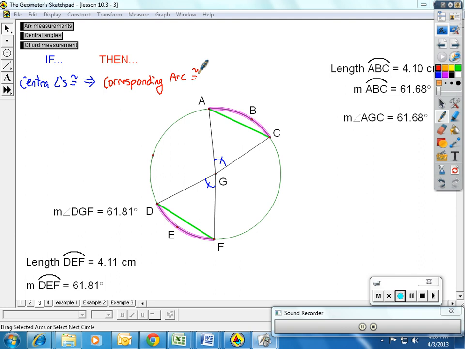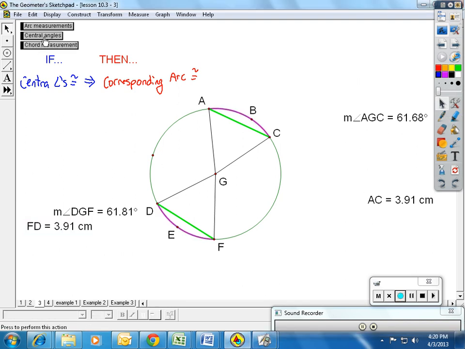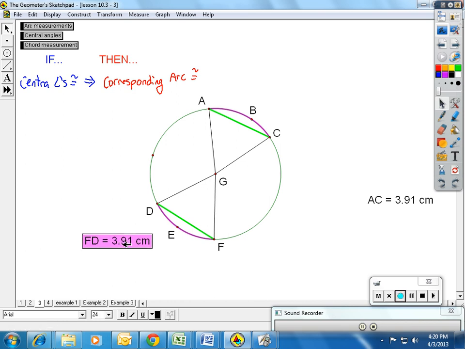Let's take a look at some of the other givens. Let's start with chord measurements. So FD is this chord here. It's 3.91, and this one is 3.91 as well.